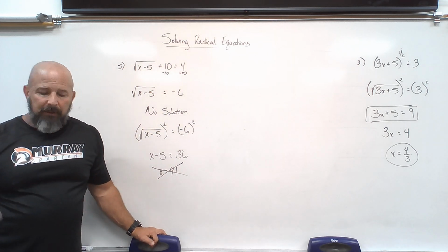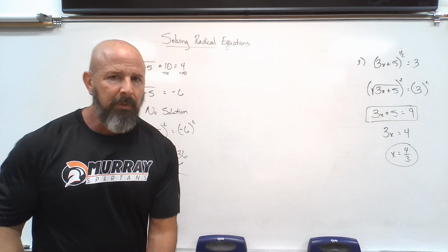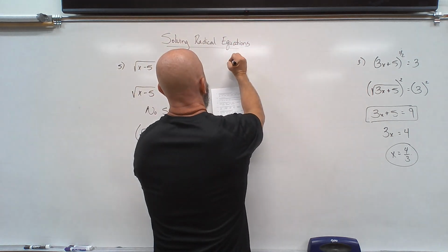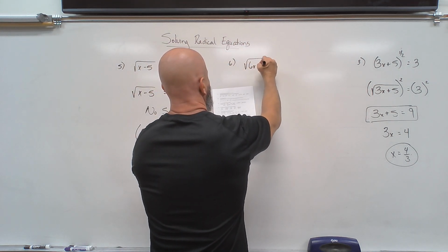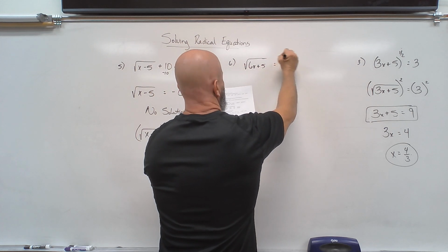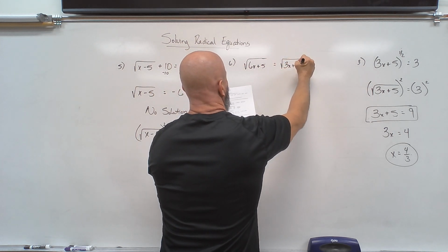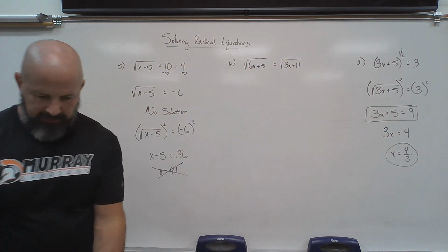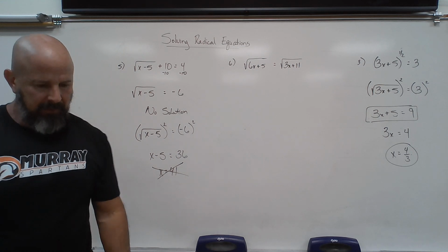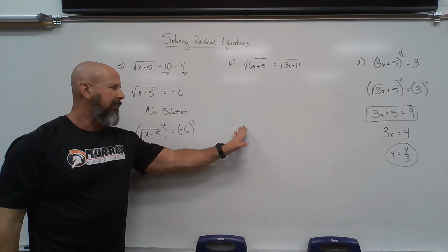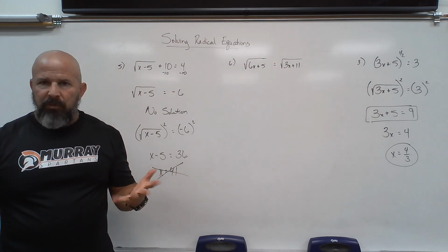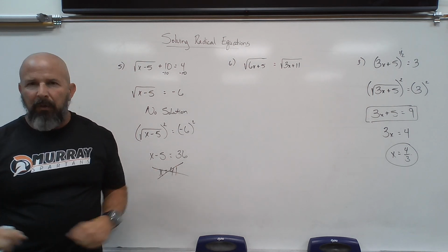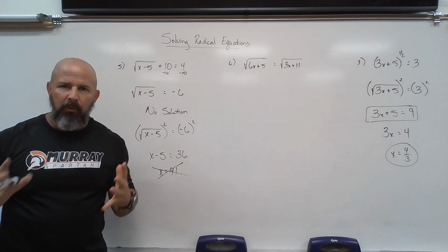Okay. Here's a different look. Same process we're using. We're just getting a couple different looks there. So here, that had a negative. Let's say we had a square root equals a square root. So I've got square root 6x plus 5 equals square root 3x plus 11. Well, we've only seen one root so far. Most of them have been square roots. We had one cube root, but only one root in the problem.